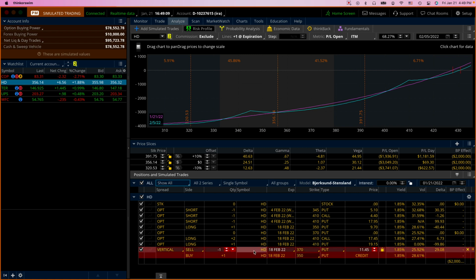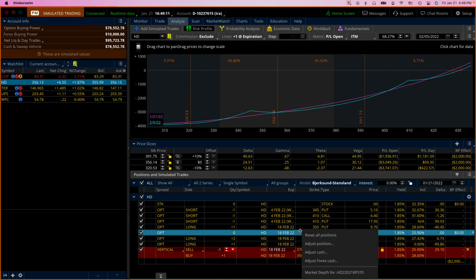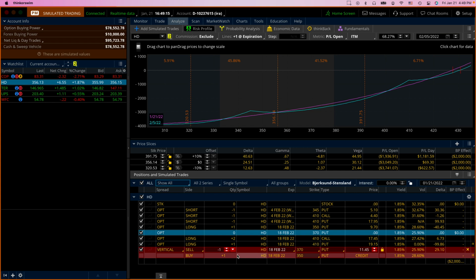Okay, so this is what you do. You simply select that put and say analyze rolling and then adjust to make it look like this. Same expiration, same type of option, in this case puts, and you roll it down from 370, that's what I actually had, to a lower strike price, usually at around the current market price.